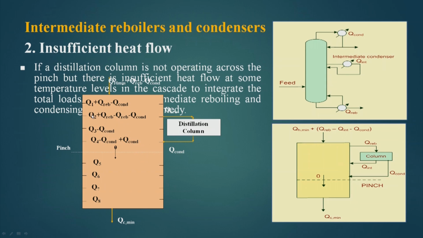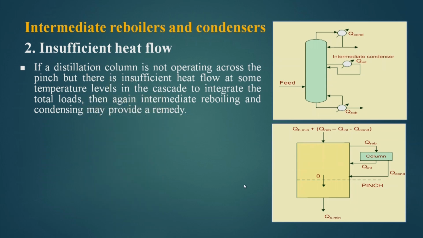So, if Q 2 becomes less than Q condenser, then this operation will cease. So, in such cases what will be done? If a distillation column is not operating across the pinch, but there is insufficient heat flow at some temperature levels in the cascade to integrate the total loads, then again intermediate reboiling and condensing may provide a remedy.